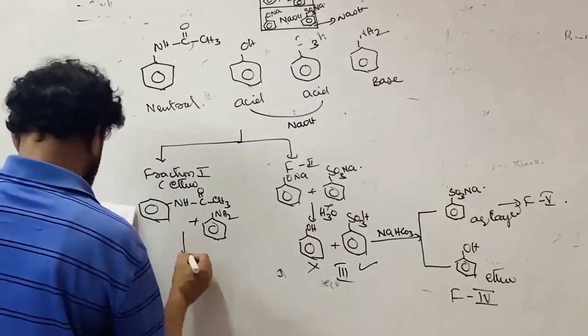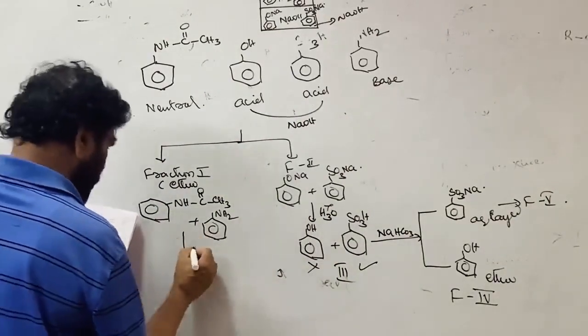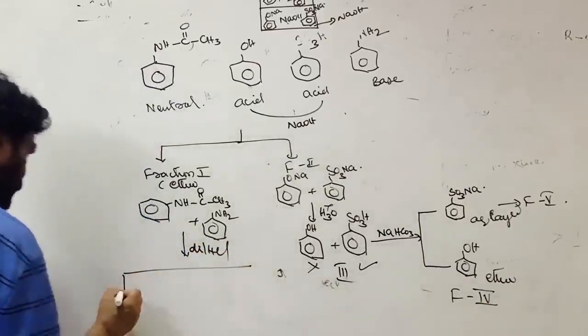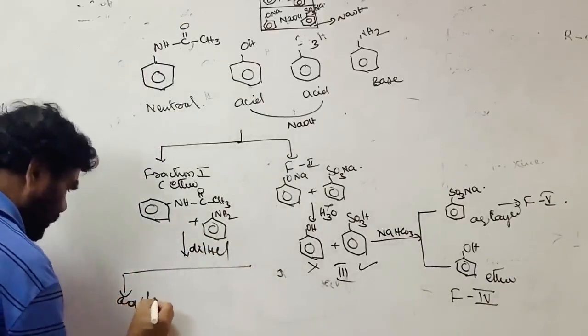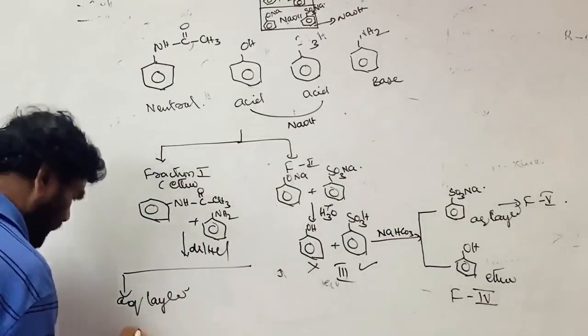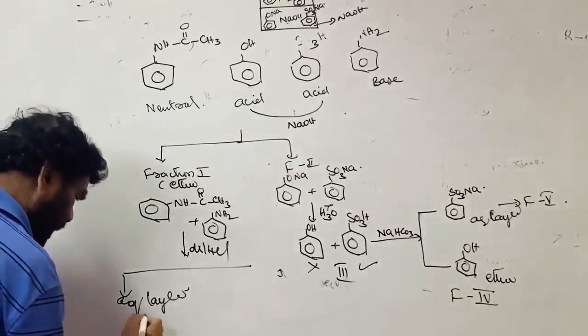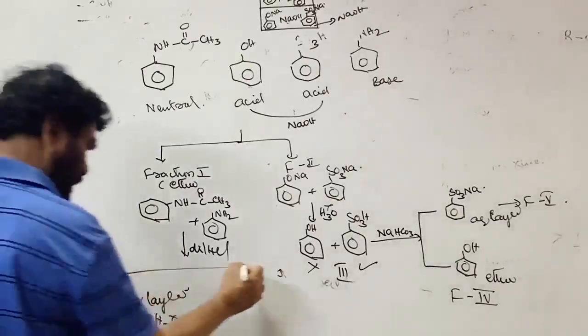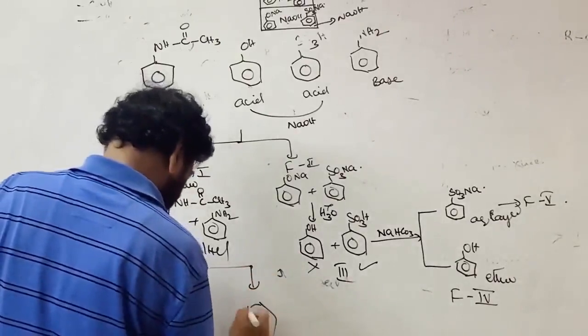Fraction 1 is now treated with dilute HCl. So what happens? Aniline goes into the aqueous layer in the form of anilinium chloride, or aniline hydrochloride.